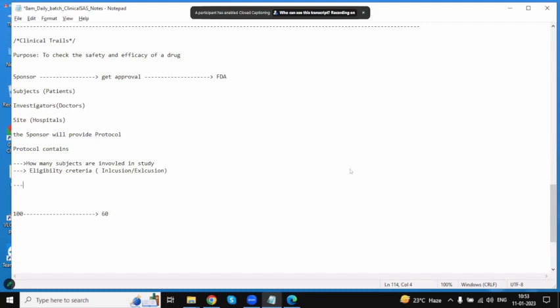And mainly the objectives: primary objectives, secondary objectives, primary endpoints, secondary endpoints.